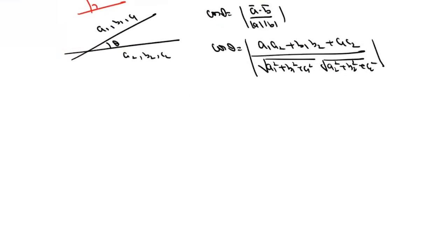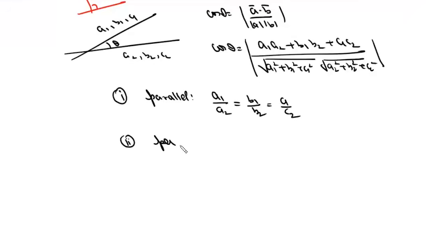Again, these two lines will be parallel if a1 upon a2 equals b1 upon b2 equals c1 upon c2, and they'll be perpendicular if cos 90 is 0, that means when a1 a2 plus b1 b2 plus c1 c2 equals 0.